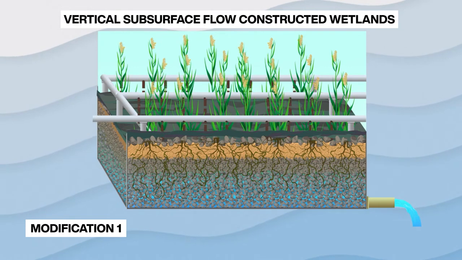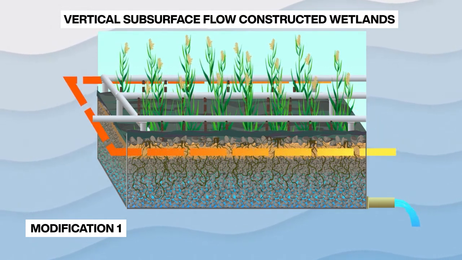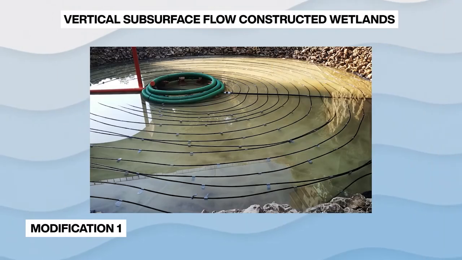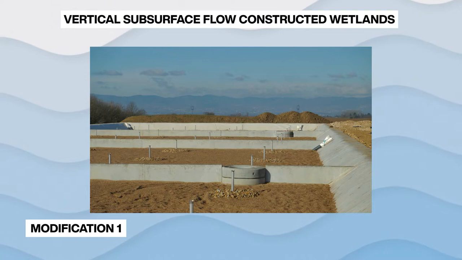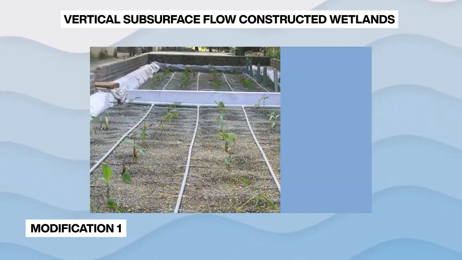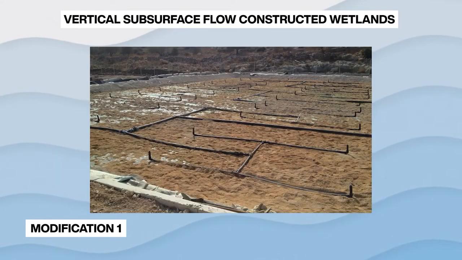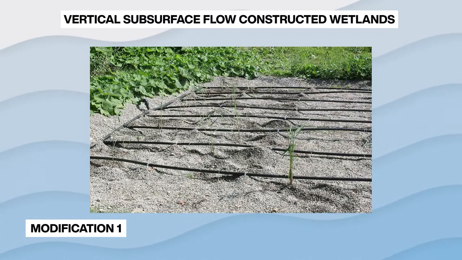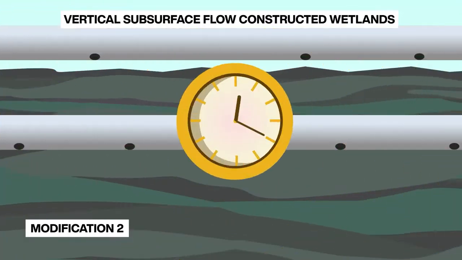Modification 1. The influent is supplied through the pipes from above and is further distributed uniformly throughout the whole of the constructed wetland surface. Modification 2.